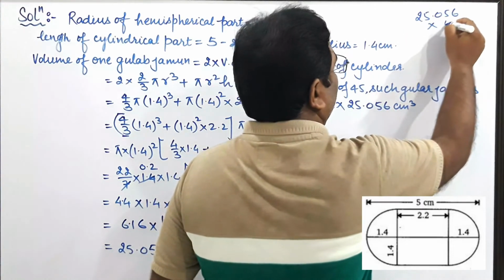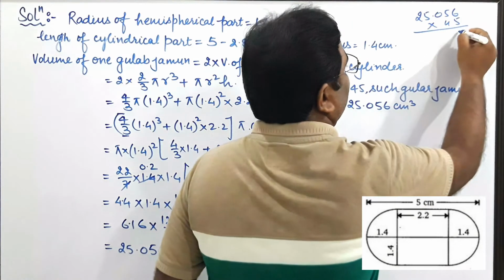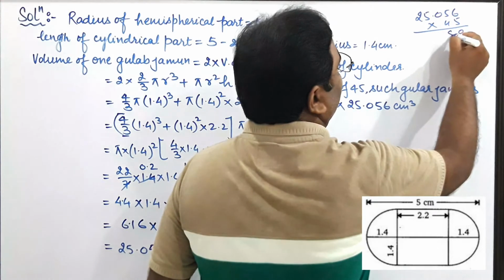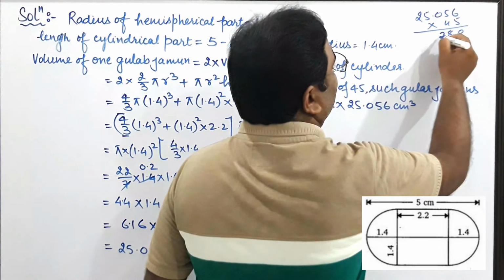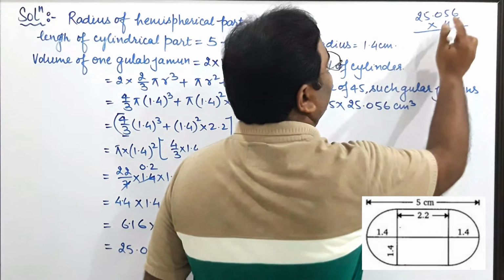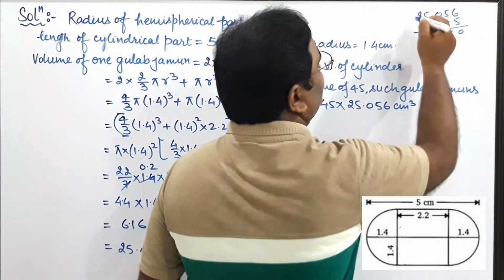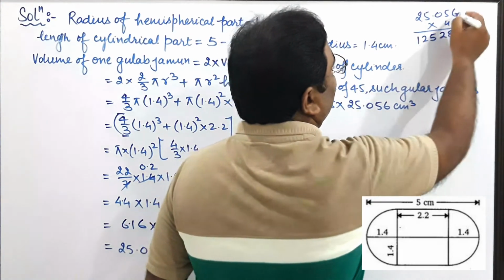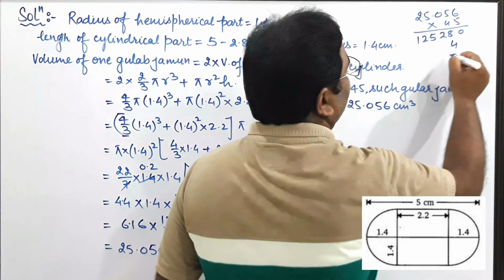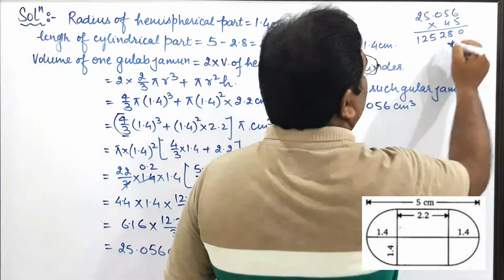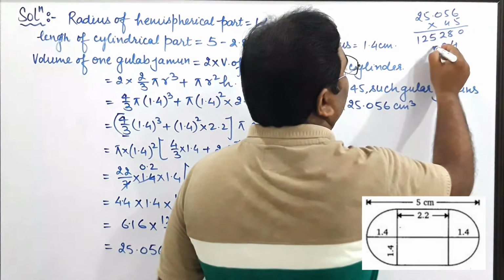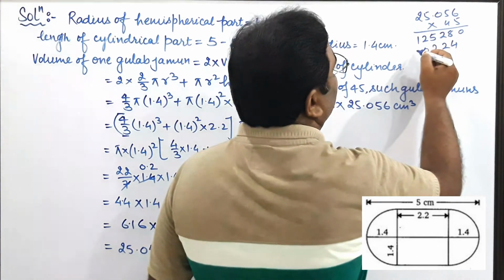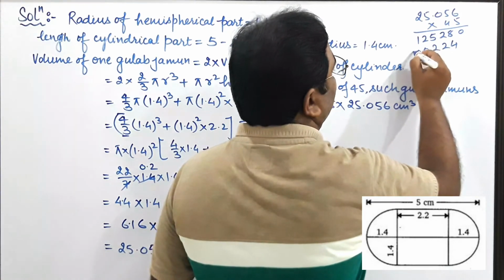25.056 multiplied by 45. 5 6 are 30, 5 5 are 25 plus 3 28, 5 5 are 25, 5 to the 10 plus 2 12, 4 6 are 24, 4 5 are 20 plus 2 22, 4 5 are 20, 4 2 are 8 plus 2 is 10.